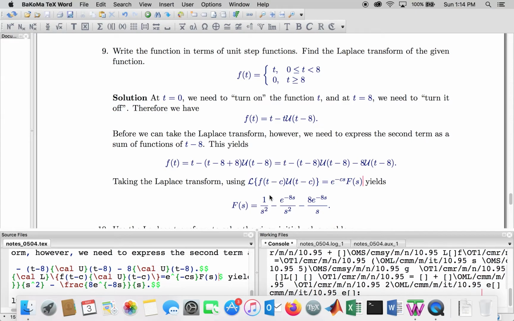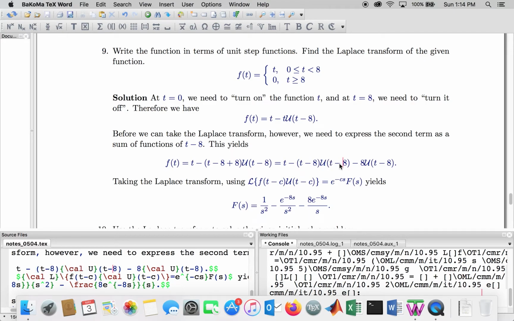The Laplace transform of t is 1 over s squared. Here, we fit this term to this pattern right here. So c is equal to 8. Your function little f of t is equal to t. So we're going to have minus 1 over s squared times this exponential, e to the minus 8s. And then similar for the last term, so the function little f of t in this case is just 1.